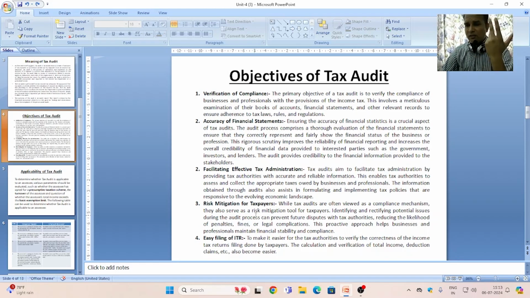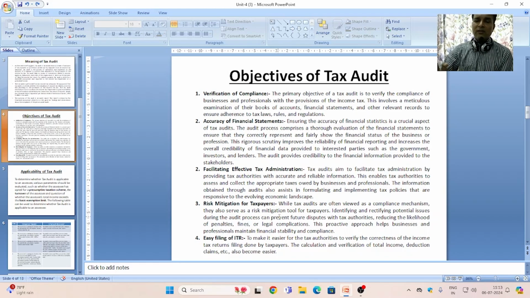Risk mitigation for taxpayers: after the audit, the books of accounts are available as accurate and reliable data, so the risk degree may be lower.